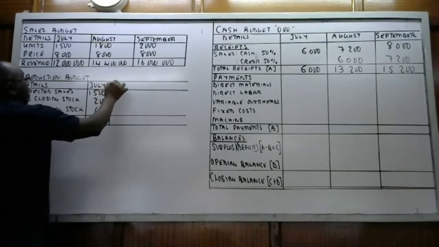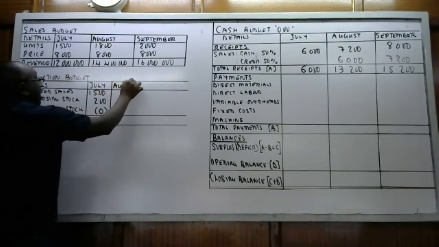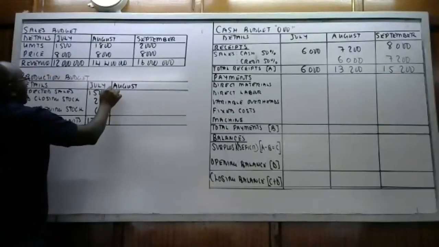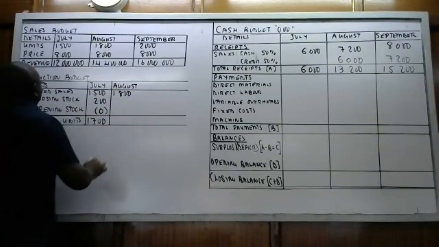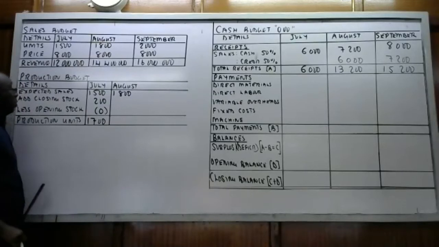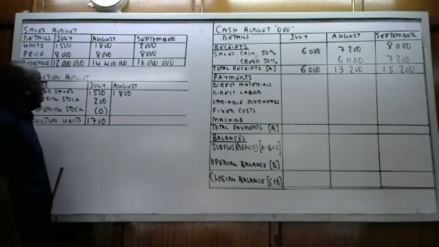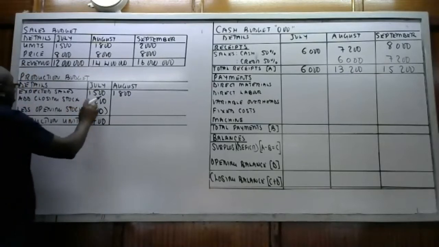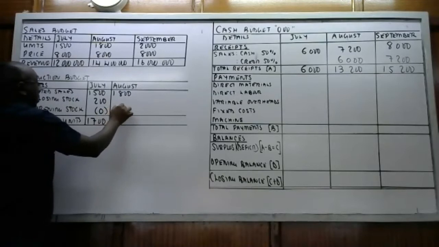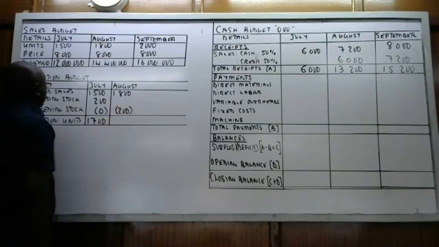So we now go to August. Sasa hii August, we are selling 1,800. We do not know the closing stock, but we know the opening must have been 200.